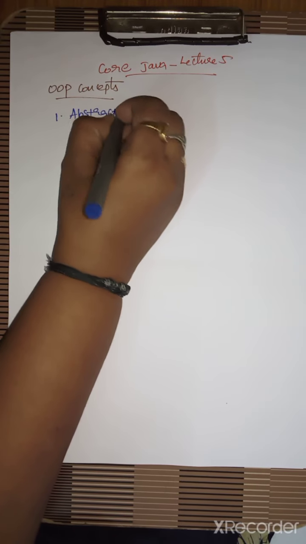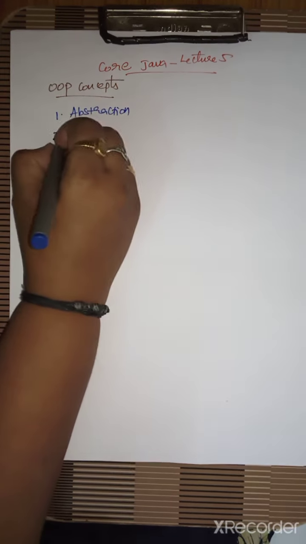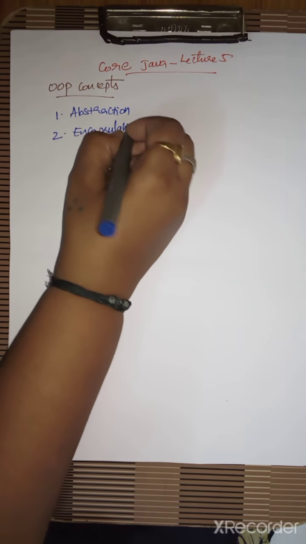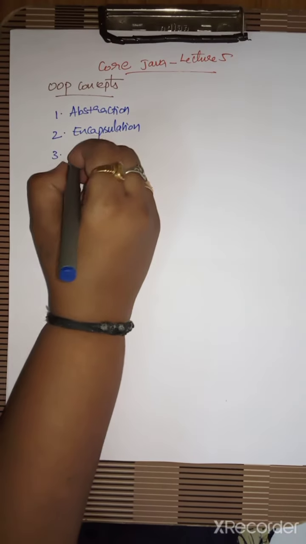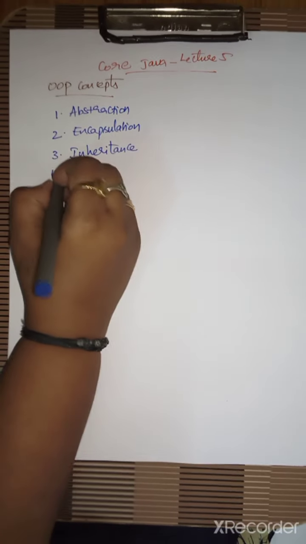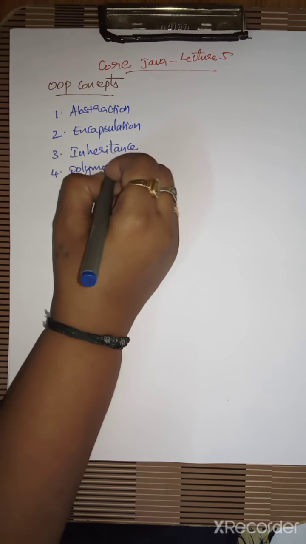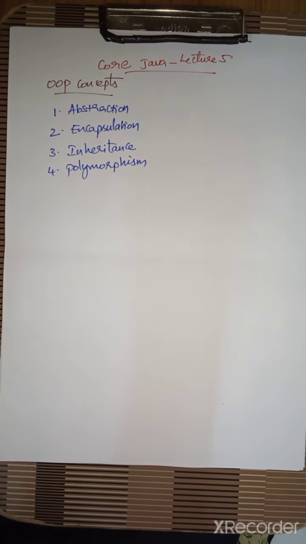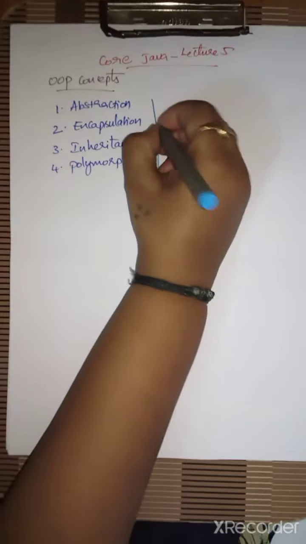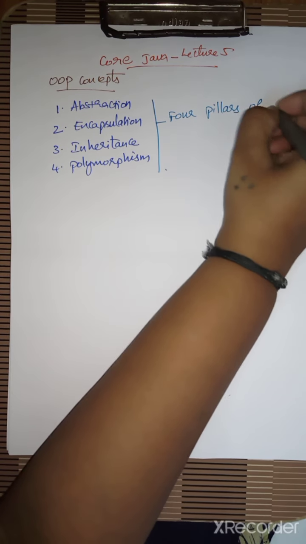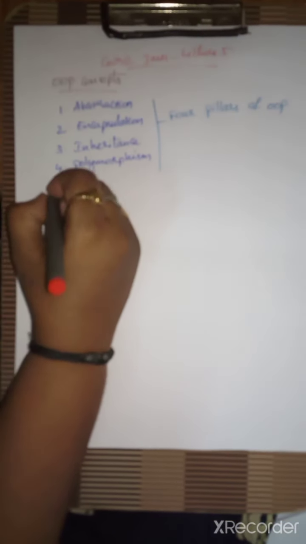First one, abstraction, encapsulation, inheritance, and polymorphism. These four are considered to be four pillars of object-oriented programming language. Let me explain one by one in detail.